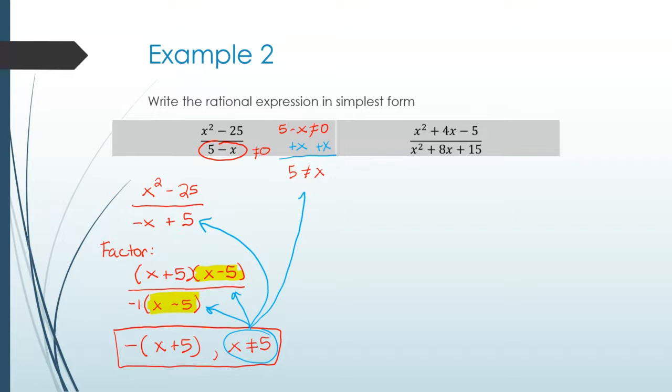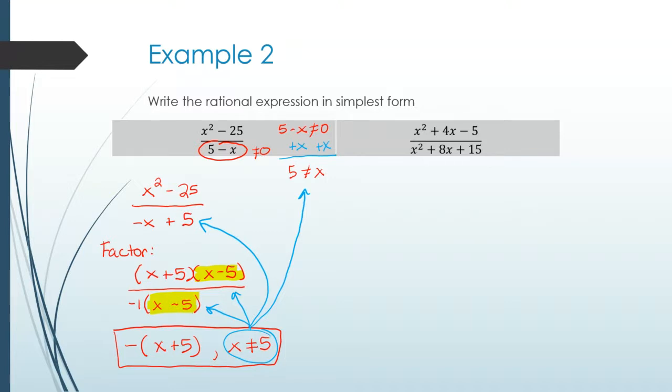And then all goes back to our domain. Because if I have x minus 5, 5 minus 5 is 0, we can't have that. And so if we put in 5 for x, we're dividing by 0. And so I have to specify that I can't plug 5 in because the original function didn't allow that number.